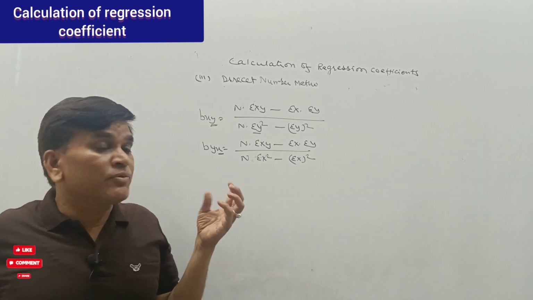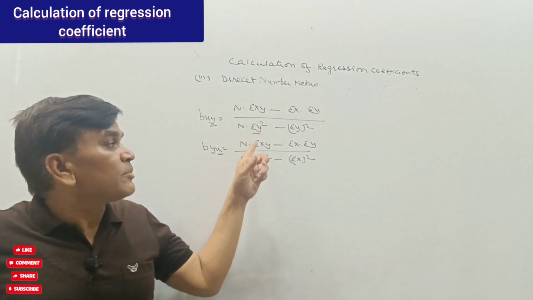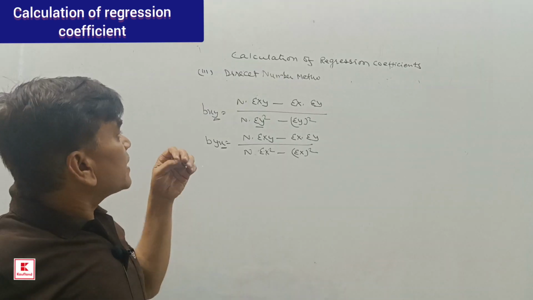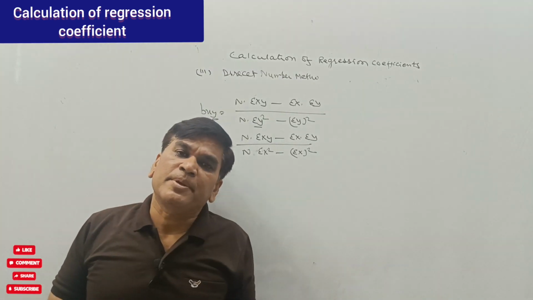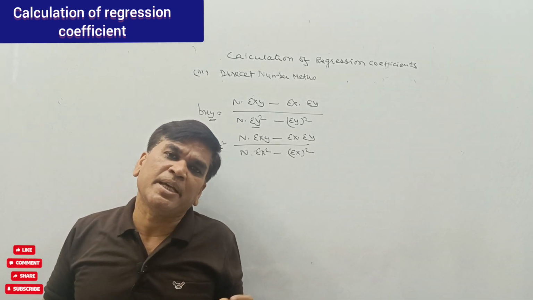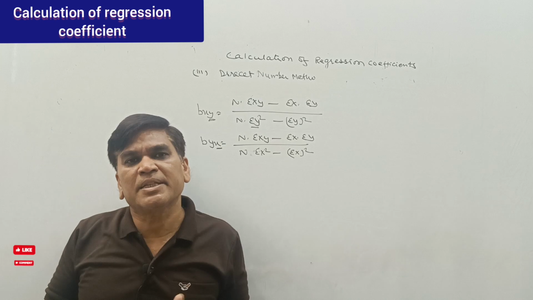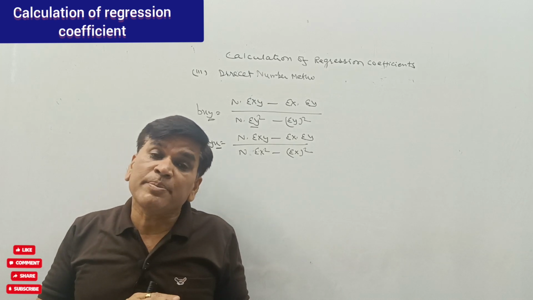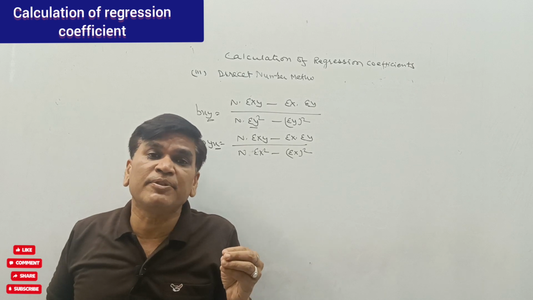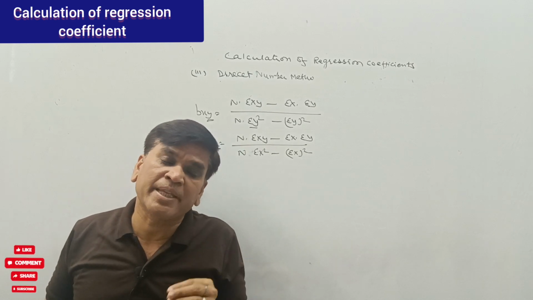If numbers are very small, then this formula is very good. For bxy we can calculate n multiplied by sigma xy minus sigma x multiplied by sigma y, divided by n multiplied by sigma y square minus sigma y raised to power 2. It means in this method we do not have to do anything, we just have the x values and y values given.